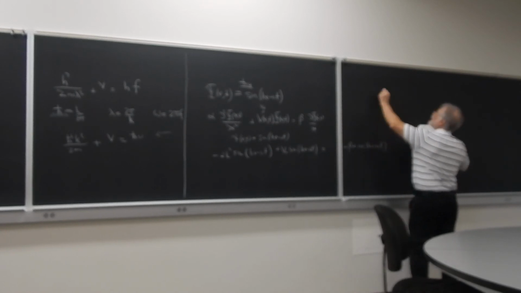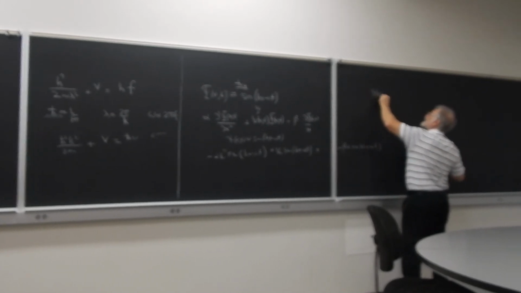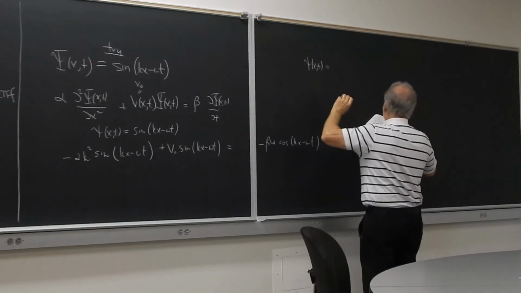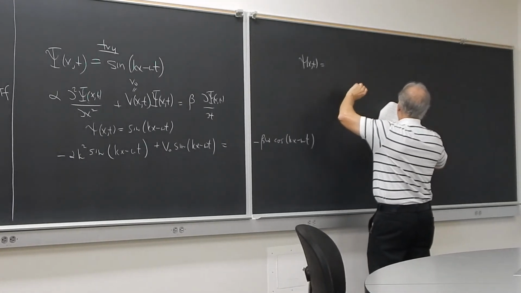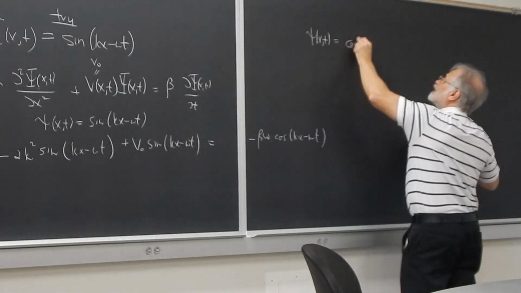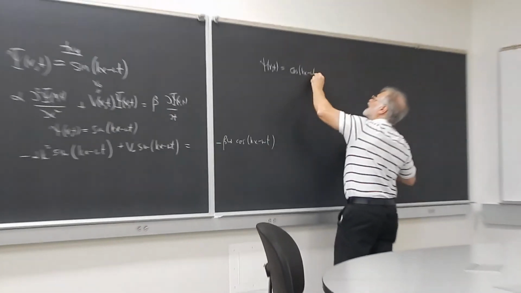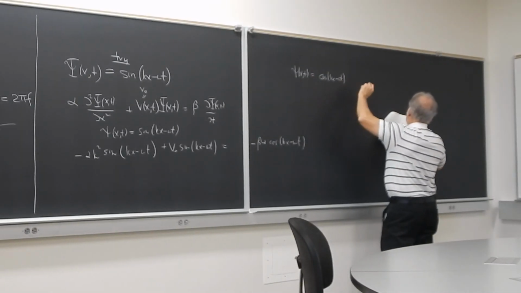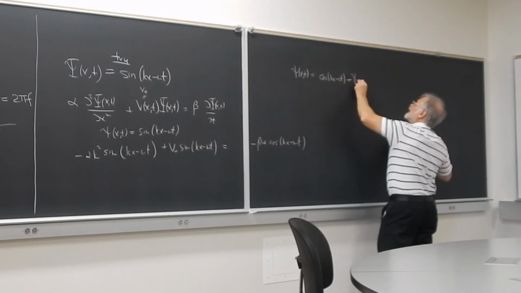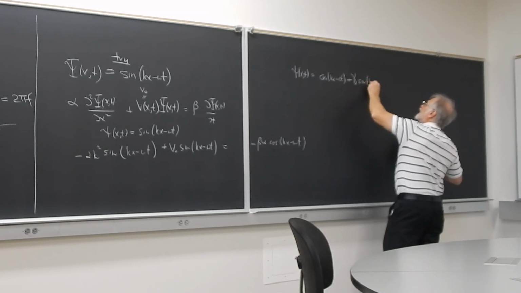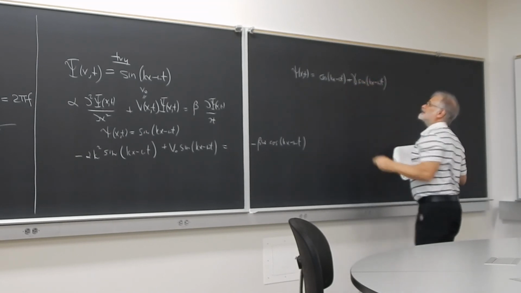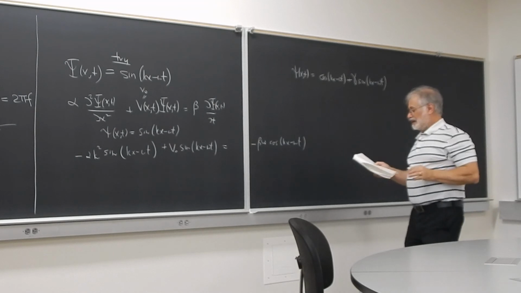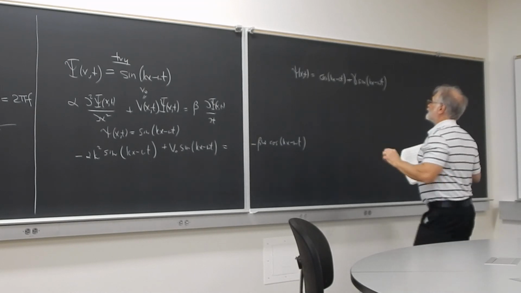Let's try psi of x and t equals cosine(kx − ωt) plus gamma sine(kx − ωt), where gamma is some constant.